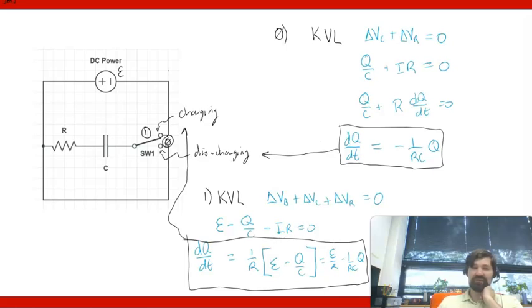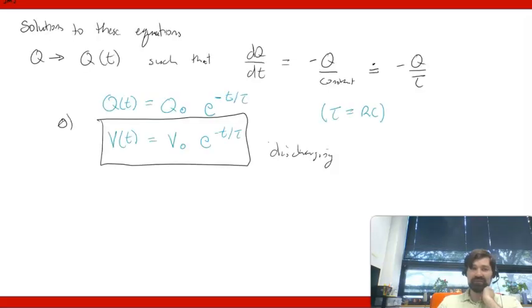And so what that implies is that you have some Q value, Q naught, which in this case actually will be the maximum value. Q max should look like epsilon over R.